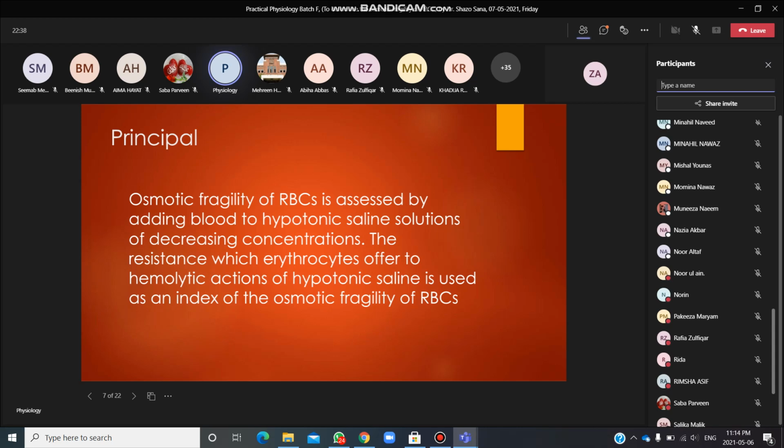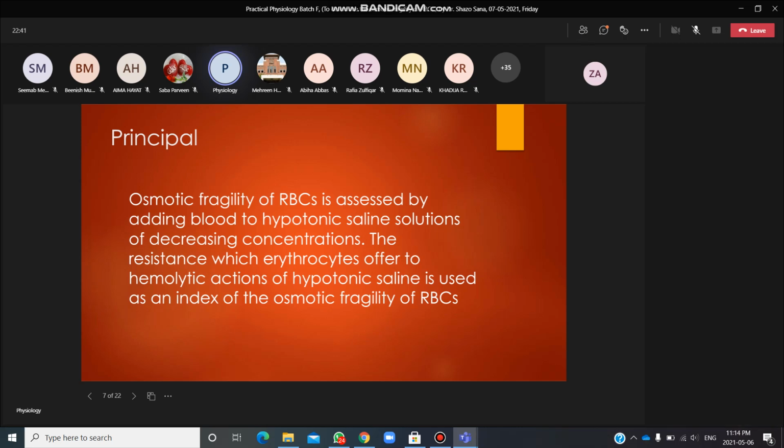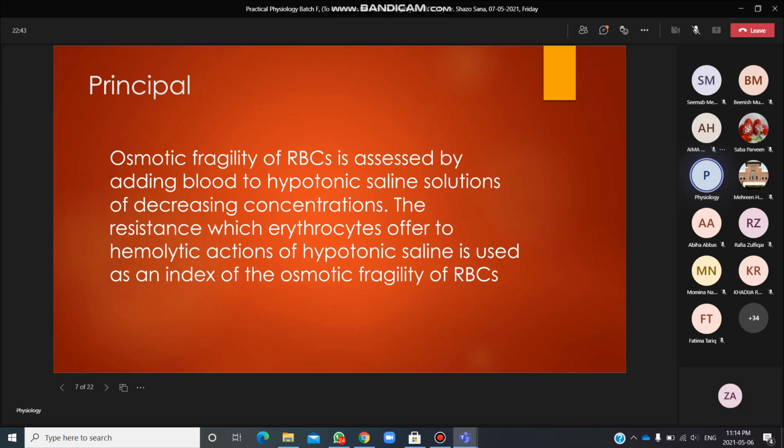Solution difference of 0.02%. The resistance which erythrocytes offer to the hemolytic action of hypotonic saline is used as an index of osmotic fragility of RBCs. If they have less resistance to hemolysis when offered hypotonic saline solution, then the osmotic fragility index is higher.